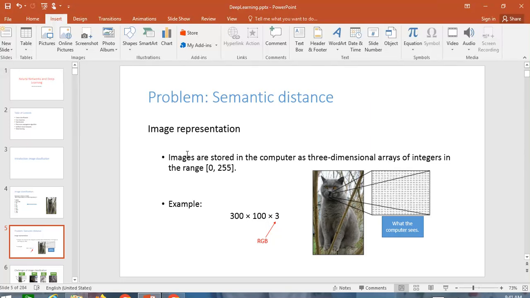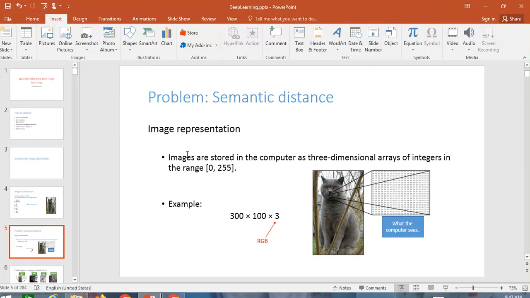But if we want to know how this problem looks in the computer, we have to pay attention to many things. Here we have shown only a part of the cat's mouth in the form of a matrix, and each of these is a number between 0 and 255. Now, if you imagine that these images have dimensions of 100 by 300, each pixel has 3 dimensions, RGB, which stands for red, green, and blue.